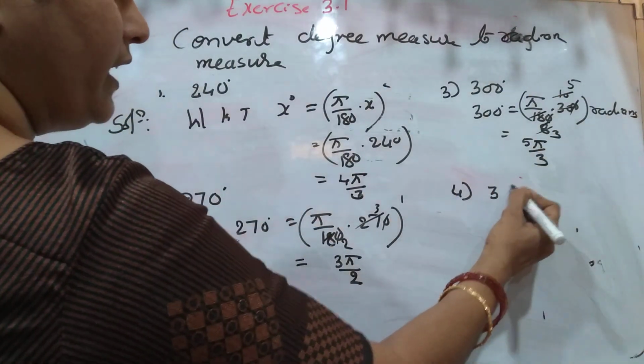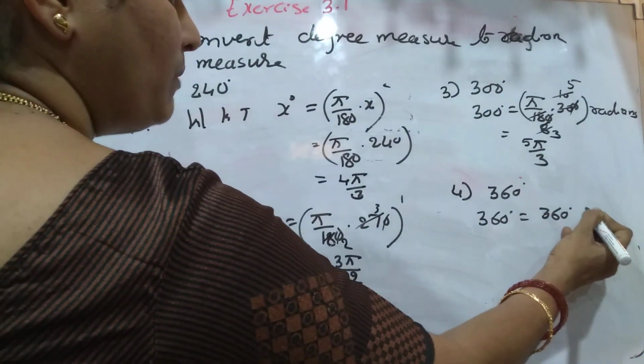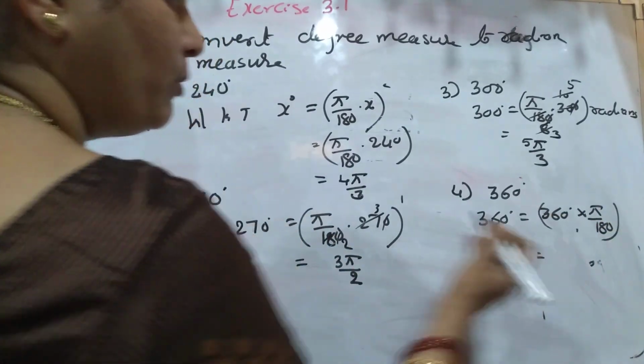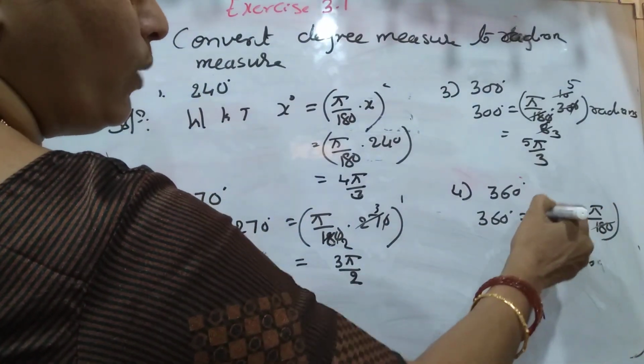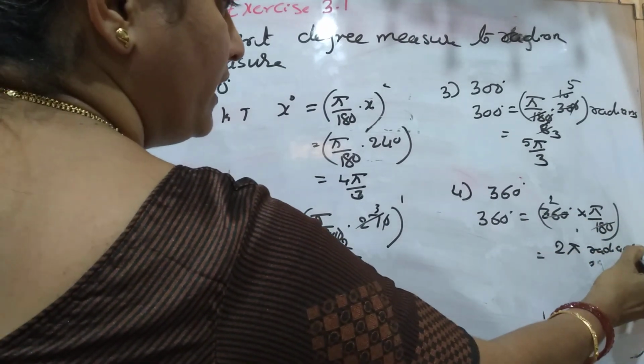Fourth one, 360 degrees. This you know, 360 degrees. When it is multiplied by pi by 180, the answer comes out to be radians. 180 1s are 180, 180 2s are 360. 360 degrees is 2 pi radians.